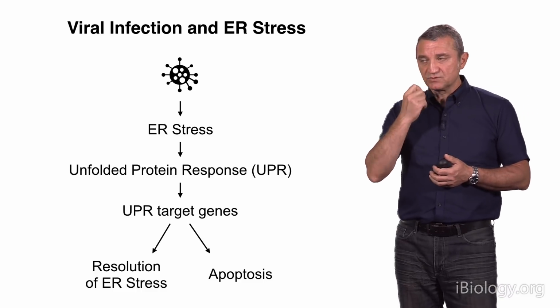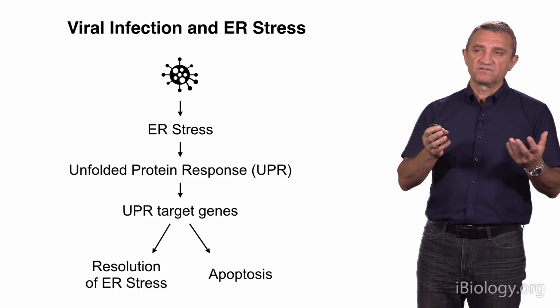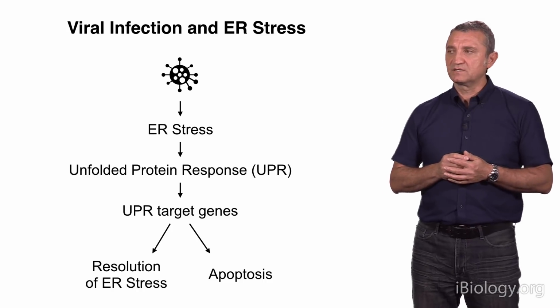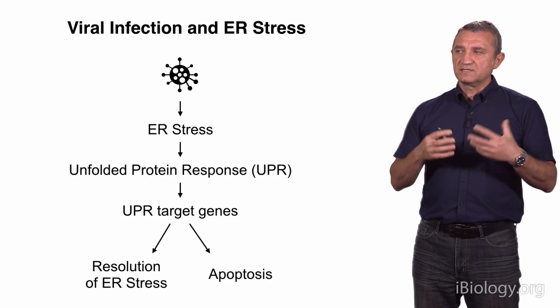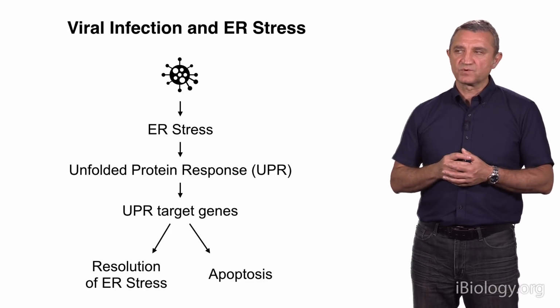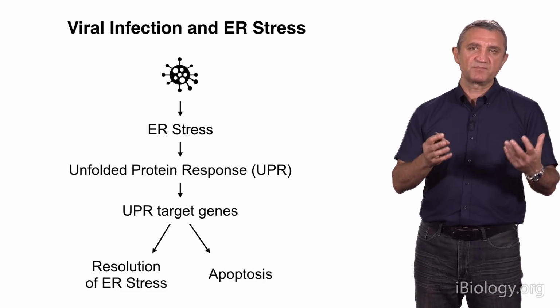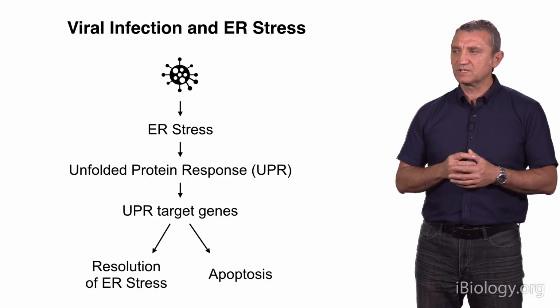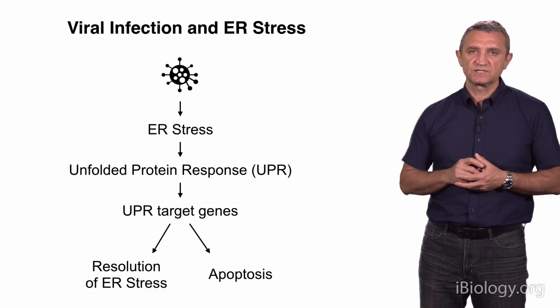So ER stress is normally induced by unfolded protein response in the endoplasmic reticulum, and it leads to adaptation to the unfolded protein accumulation through induction of chaperones and various proteases and so on, and that leads to resolution of the ER stress.